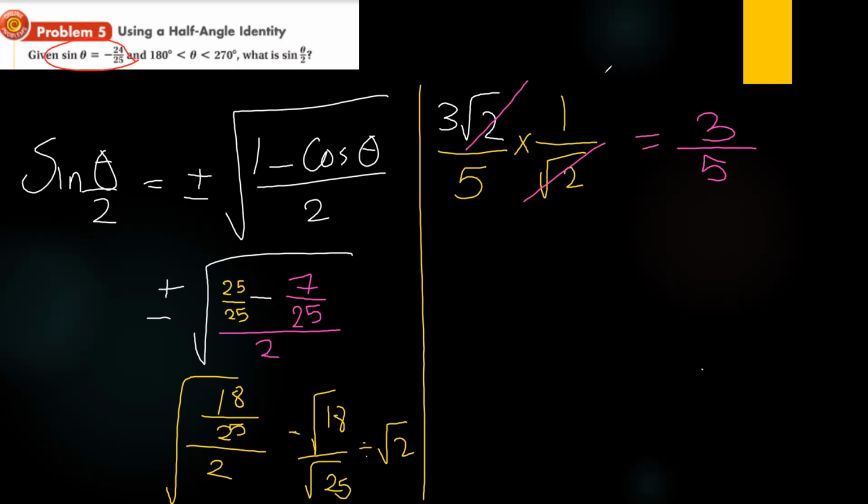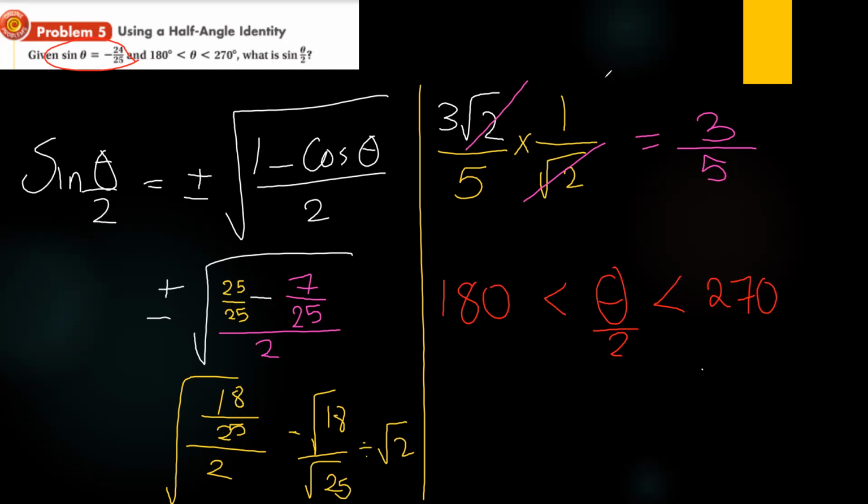Now, but I didn't finish. I need to find if it is positive or negative. Now, look at me here. Here they told me that theta is greater than 180, less than 270. But I told you, when you need to decide if it is positive or negative, you don't look at where theta lies. Where is theta over 2?